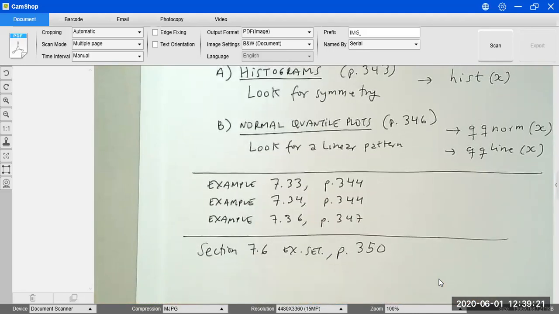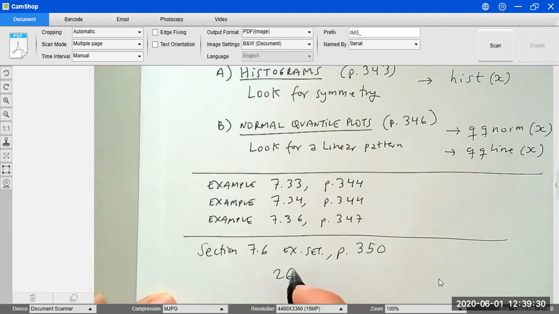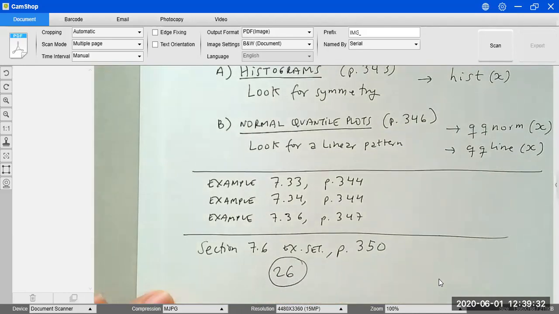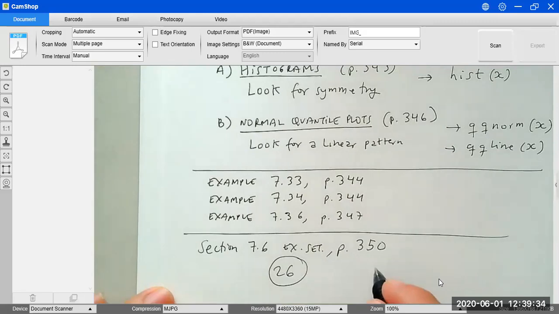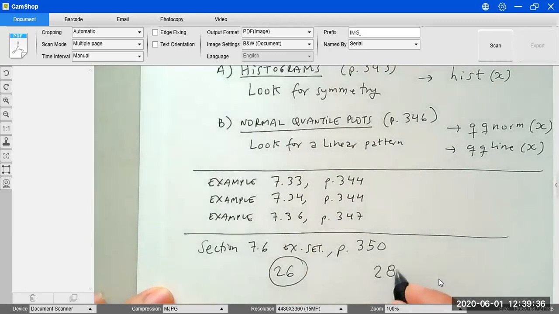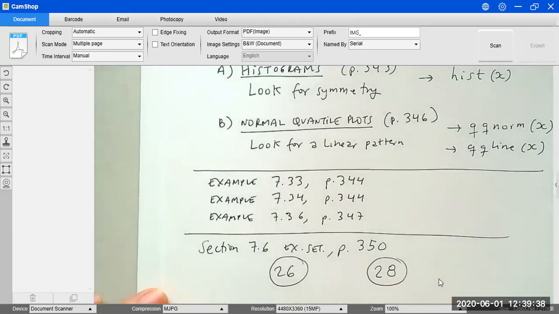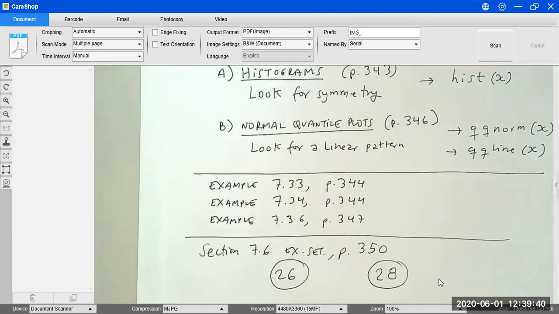Let me see what the problems are. The problems that you're going to solve are problems 26 and 28. For problem 26, you're going to build a histogram, and for problem 28, you're going to build a normal quantile plot. So these are the two problems.